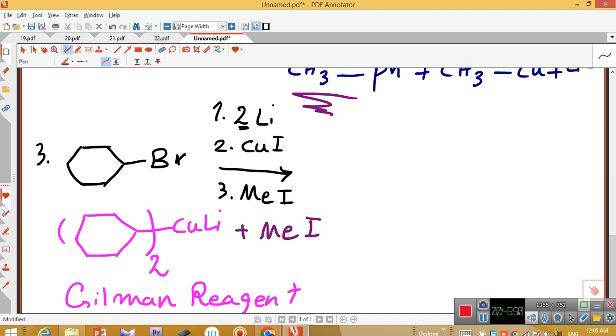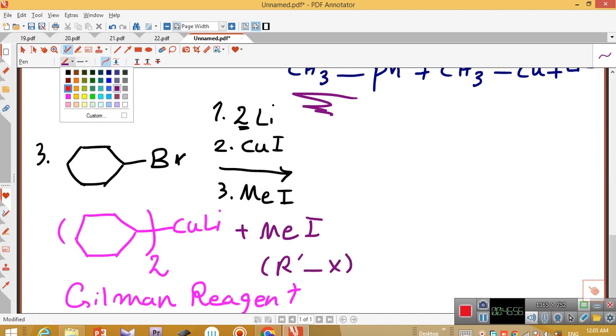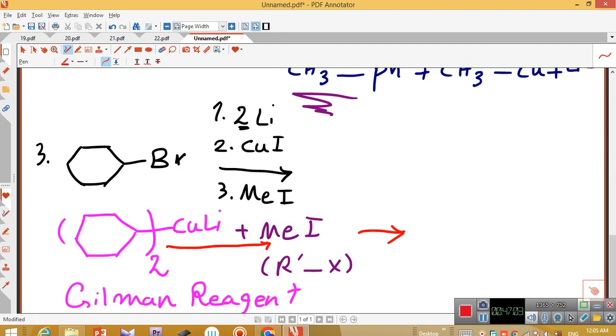So our cyclohexyl will be our nucleophile, and it can attack what? Methyl iodide. Methyl iodide will be added at the third stage. So basically, cyclohexyl, which is our carbanion, will attack methyl iodide from the back, and iodide will leave from the front of this substrate.